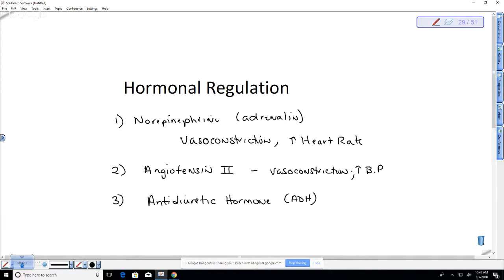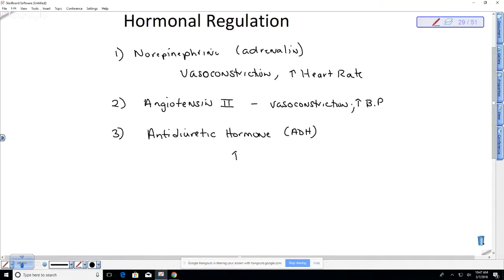So what antidiuretic hormone does is cause a decrease in the loss of water in your urine so that you reabsorb more water. So this causes an increase in the reabsorption of water in the kidneys.